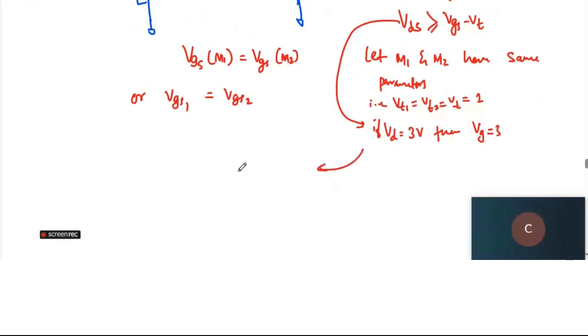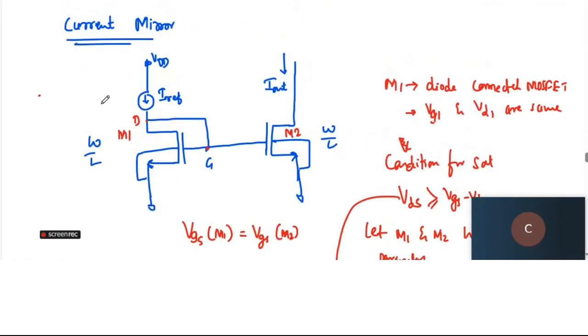So based on this condition, M1 will be always in saturation. If M1 is always in saturation and the same gate voltage is applied to M2, that means M2 would also be in the saturation region.